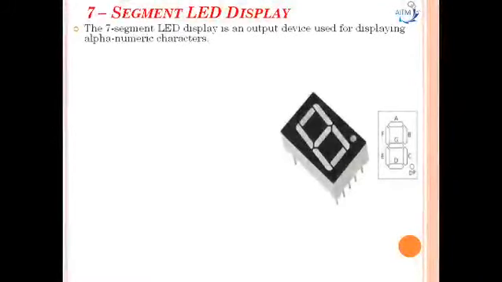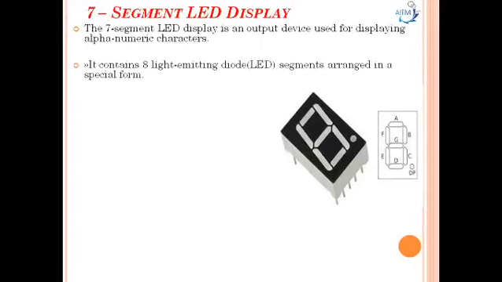Now coming to the 7-segment LED display. The 7-segment LED display is an output device used for displaying alphanumeric characters. It contains 8 LED, that is light emitting diode, segments arranged in a special form.